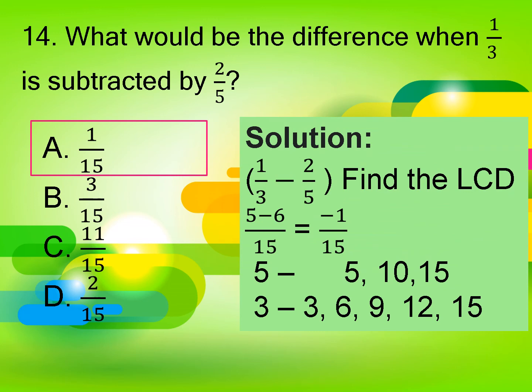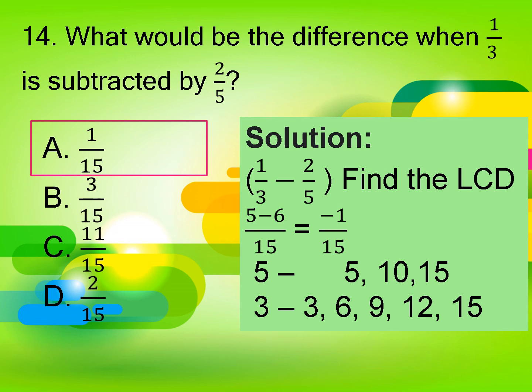Since we say difference, it's subtraction. So 1/3 minus 2/5. Here we need to determine if it's similar or dissimilar. When we say similar fractions, we have the same denominators.